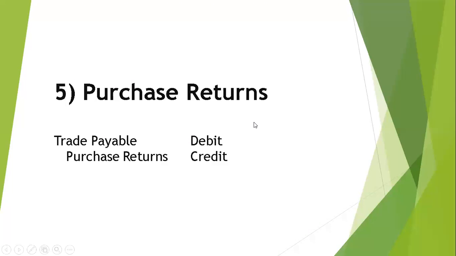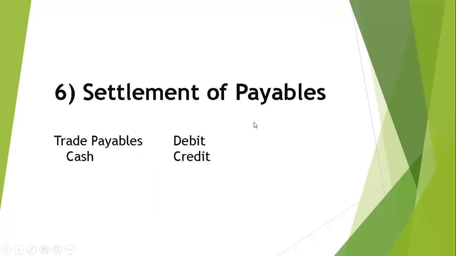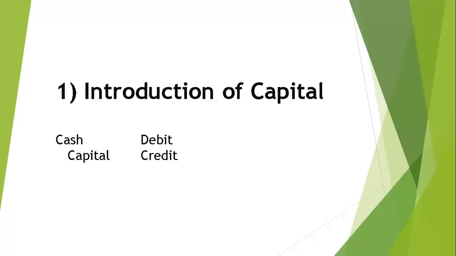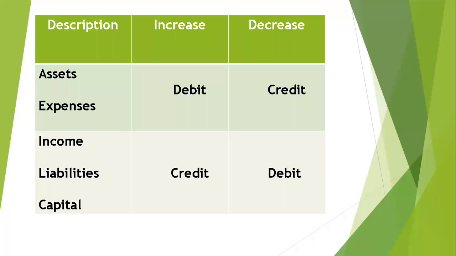The next item would be easy for you: settlement of payables. What does it mean? We have $4,000 that we should pay to creditors. Now I'm going to pay the $4,000 to creditors. We call that settlement of payables. When I give the $4,000 to them, the asset is going to go down.